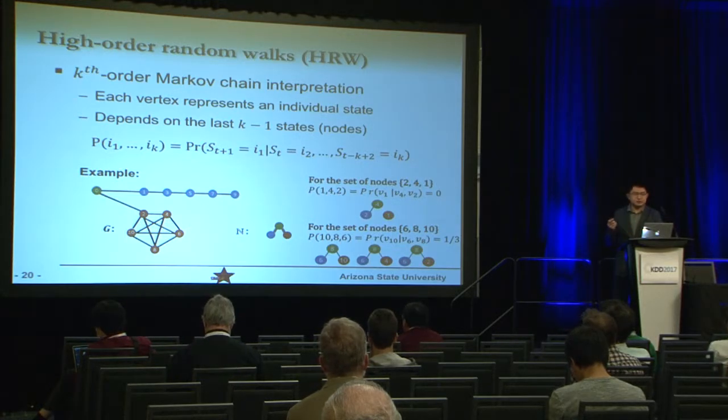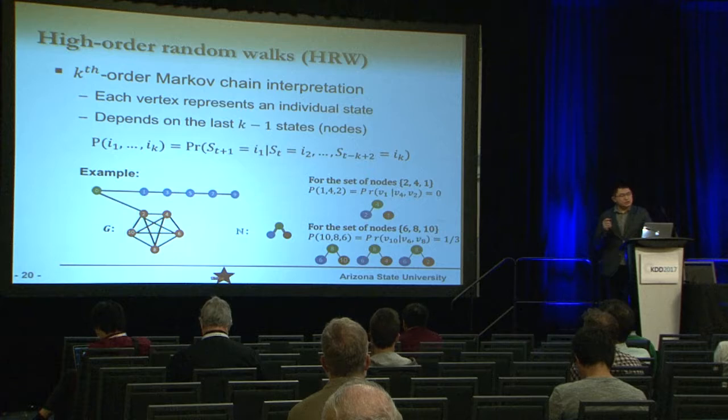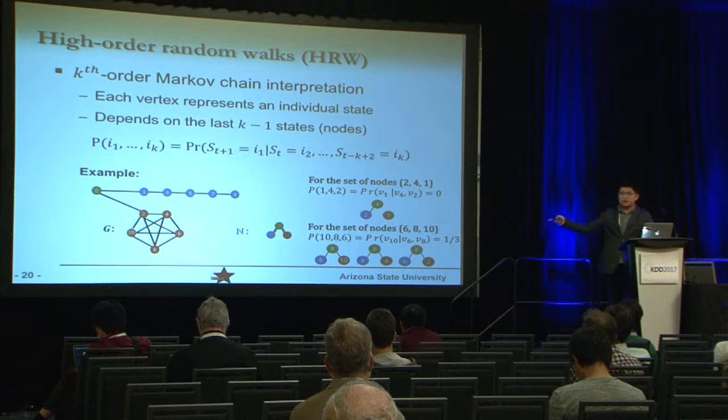The answer is 0. And the entry P(10|6,8) can also be understood as: given node 6 and node 8, what's the probability of forming a 3-node line by using node 10? The answer is 1/3, because you can see we have 3 ways to form this kind of structure using the given node 6 and node 8.